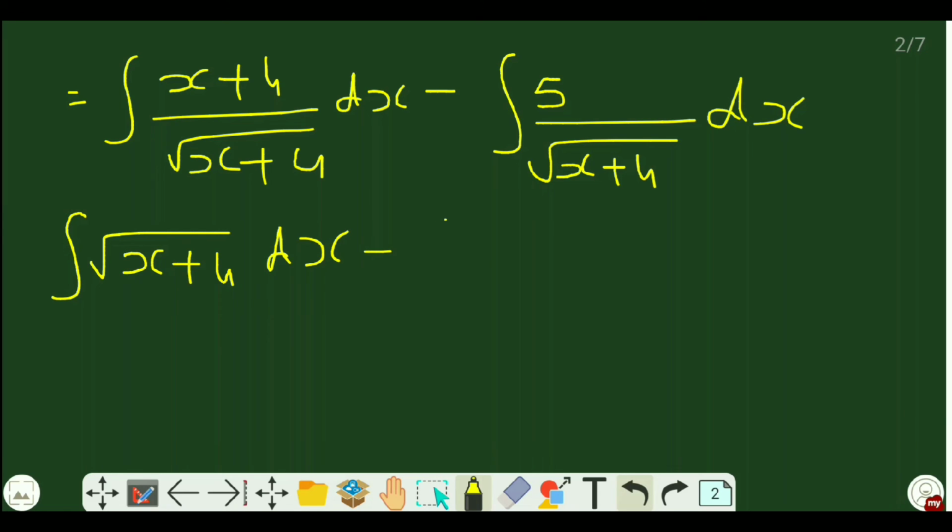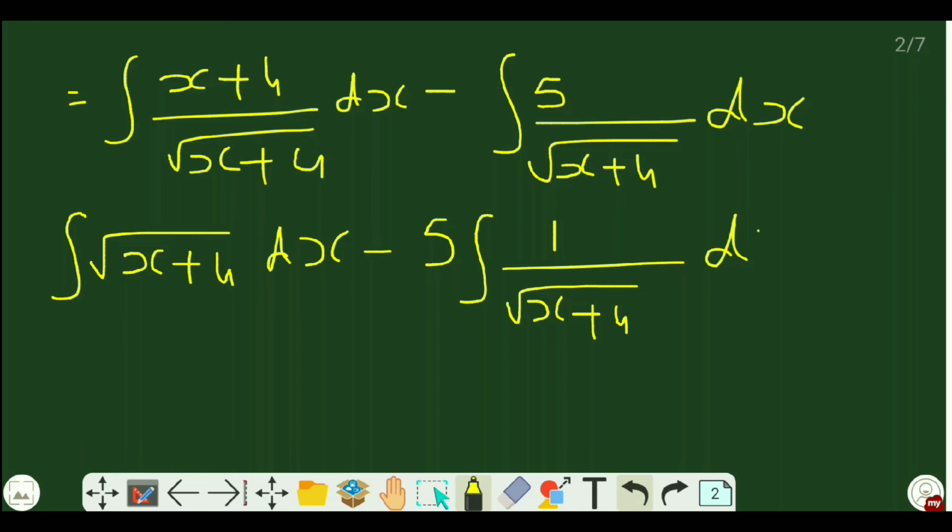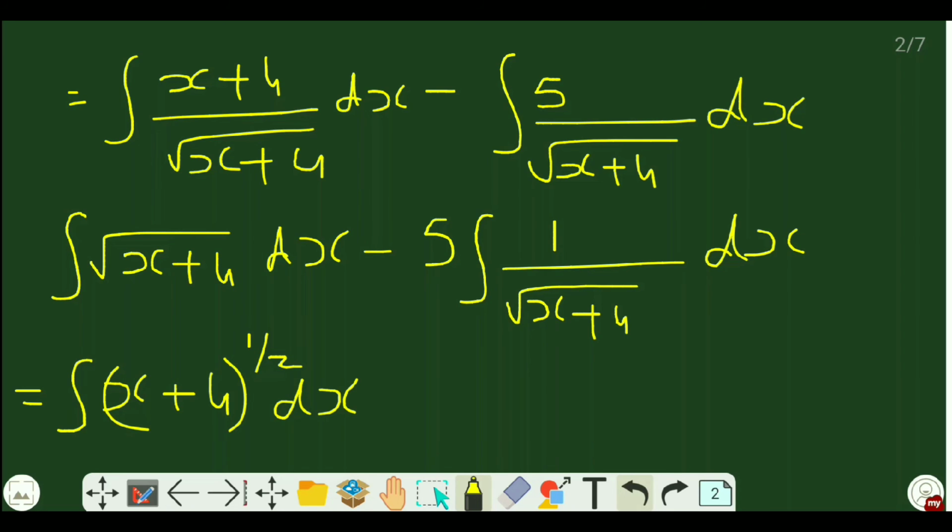In the second term, we take 5 outside the integral. Thus, we get 1 upon root of x plus 4. Then, root of x plus 4 can also be written as x plus 4 the whole raised to half. Minus, from the denominator, we bring the root of x plus 4 term up to the numerator and write it as x plus 4 raised to minus half.